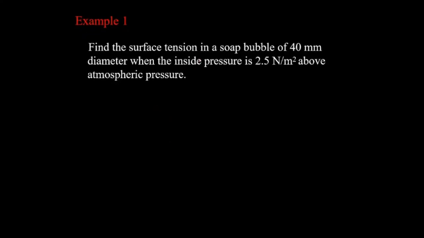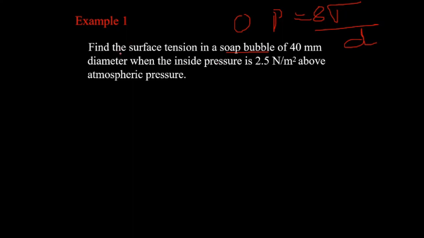Find the surface tension of a soap bubble. So it is about the bubble, and we have to remember the formula for a bubble, that is P is equal to 8 sigma by D. It will come to our mind whenever we see it in the question.